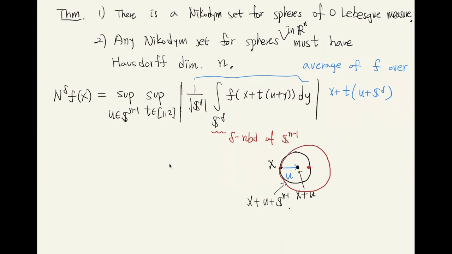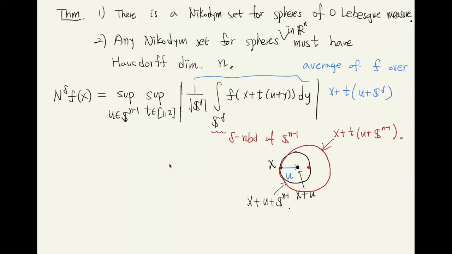So this represents another sphere given by X plus T times U plus T S^{n-1}. It has radius T, and the center is given by X plus TU. All of those spheres pass through the point X, which is what we are considering in the case of Nikodym sets for spheres.